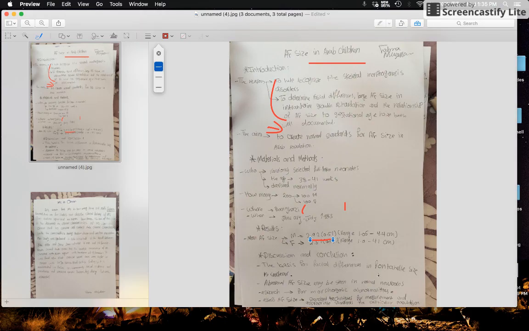So let's see what you have for discussion. Basis of racial differences in frontal size is unclear. Good. AF size may be seen as normal in newborns. Standard techniques and standard. Okay, so this is pretty much exactly what they have in the original, but you also might want to mention that this is the first time gender differences have been found. They say that also in the article, so you need to highlight that.